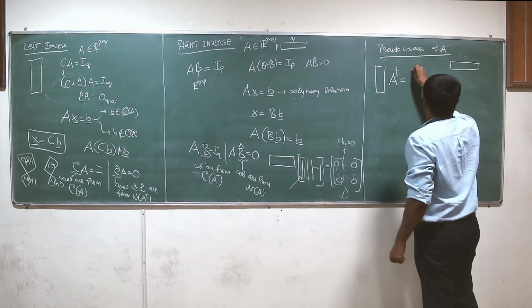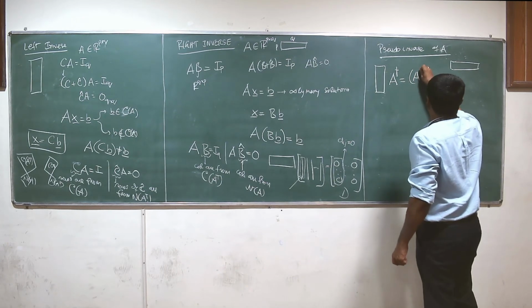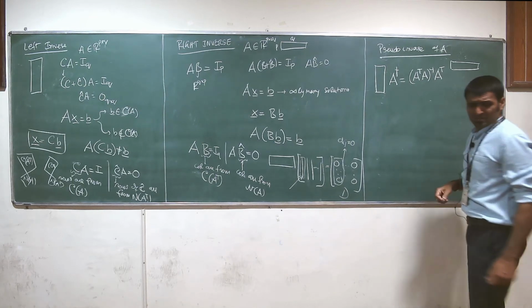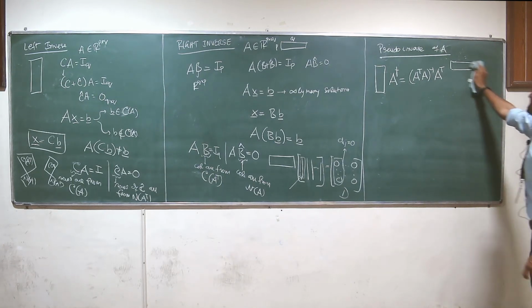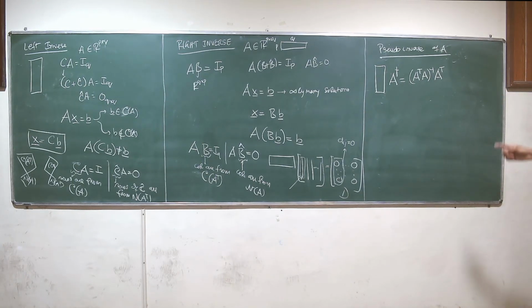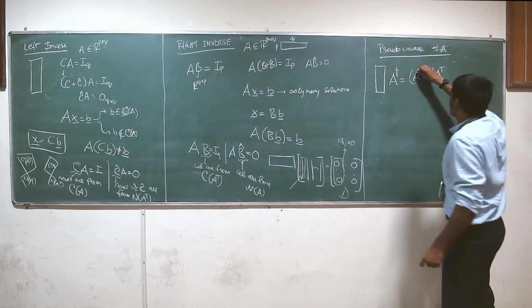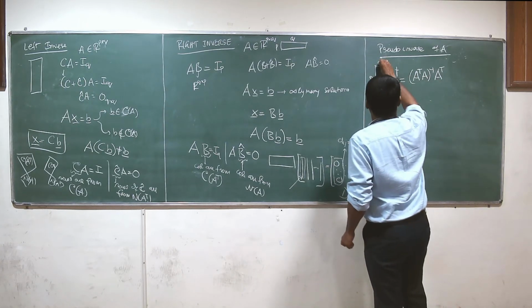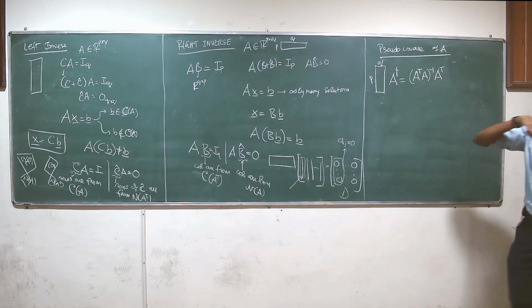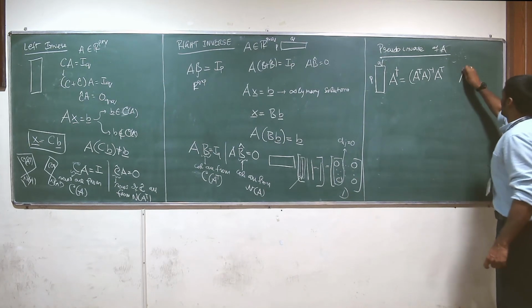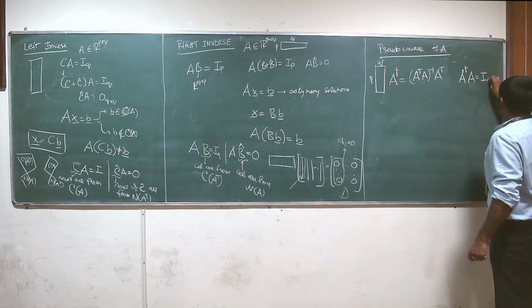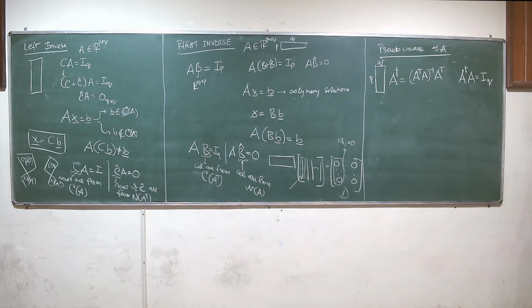For a tall matrix, we'll first do the tall matrix and then we'll do the fat one. This is Q. What is the shape of A dagger? And A dagger A equals I Q. Okay.